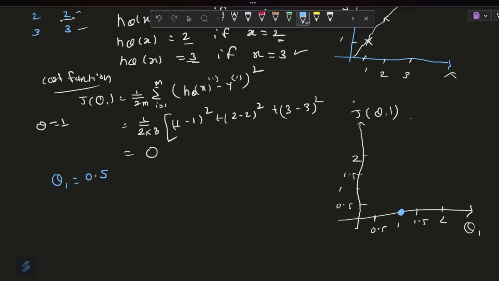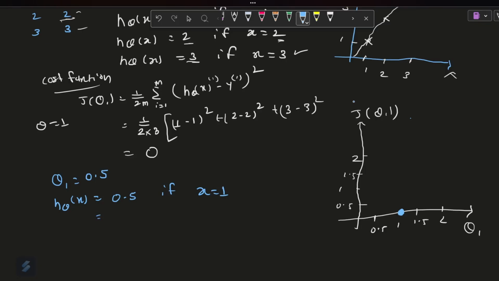So in that case, what happens? We simply calculate h theta of x, when the base line passes through the origin. h theta of x is nothing but 0.5 if x is equal to 1, right?